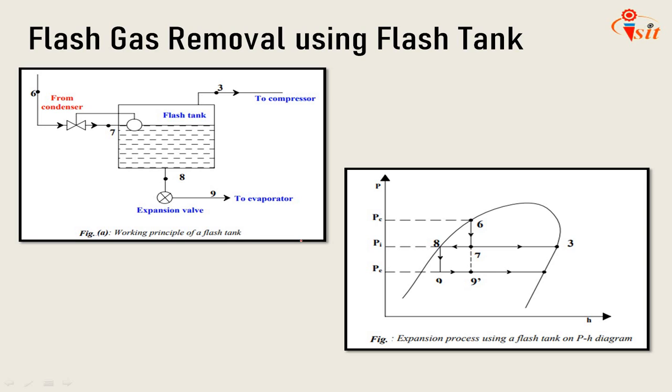It does not contribute to the refrigeration effect as it is already in the form of vapor, and it increases the pressure drop in the evaporator. It is possible to improve the COP of the system if the flash gas is removed as soon as it is formed and recompressed to condenser pressure.